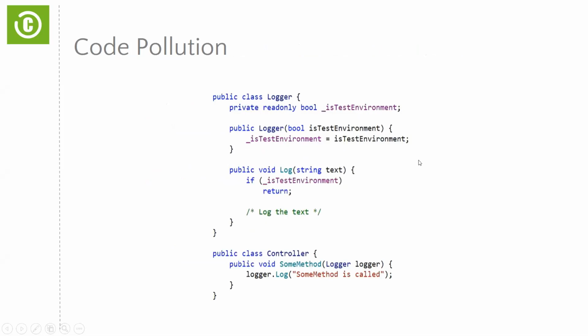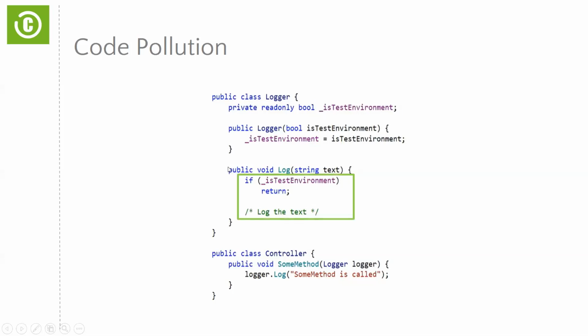We need to log different error messages and different information, and it is often the case that while performing unit testing, we don't want to log anything. So here you can see in the log method, we are writing if-else or different kinds of switches just to check if the environment is a testing environment, then return and do nothing.